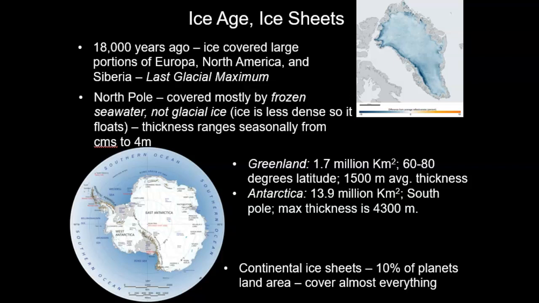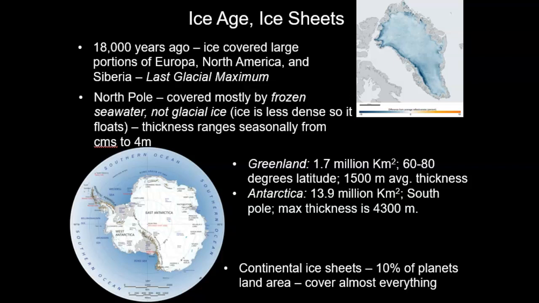The Antarctic ice sheet covers nearly the entire continent, and also some areas that are not per se within land. They're covering areas at the Antarctic Sea, as we'll see later on.